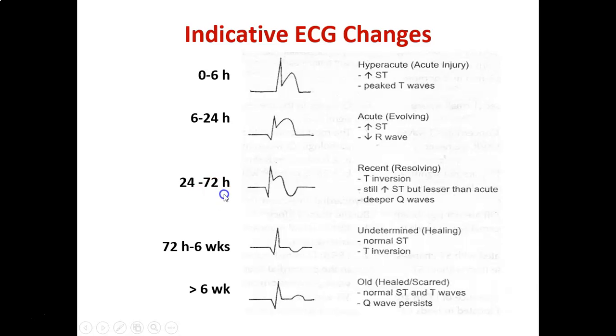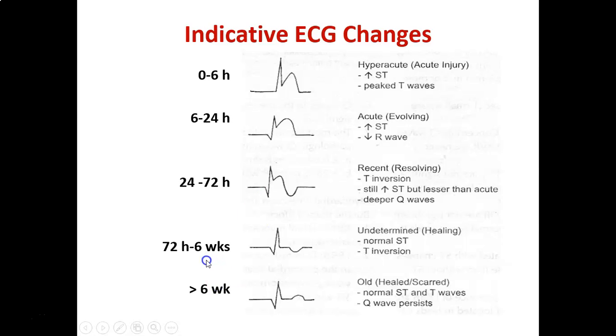Up to 72 hours, this phase is called recent myocardial infarction or resolving. Here, T waves start showing inversion, but the ST segment is still elevated, though lesser than in the acute phase, and the Q wave may start appearing.